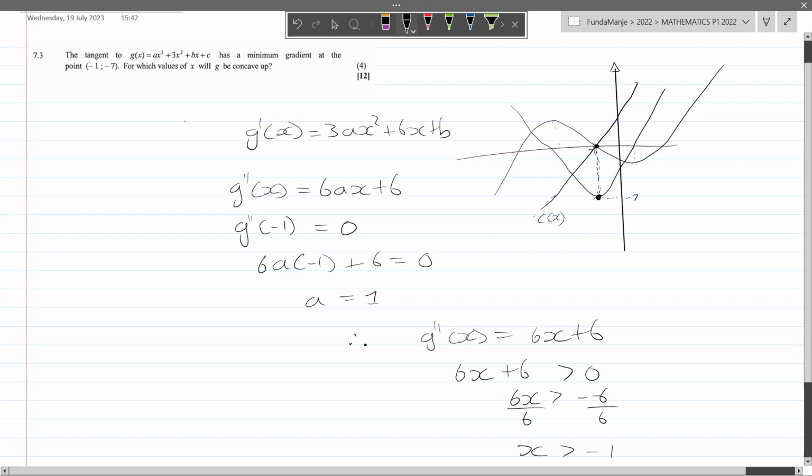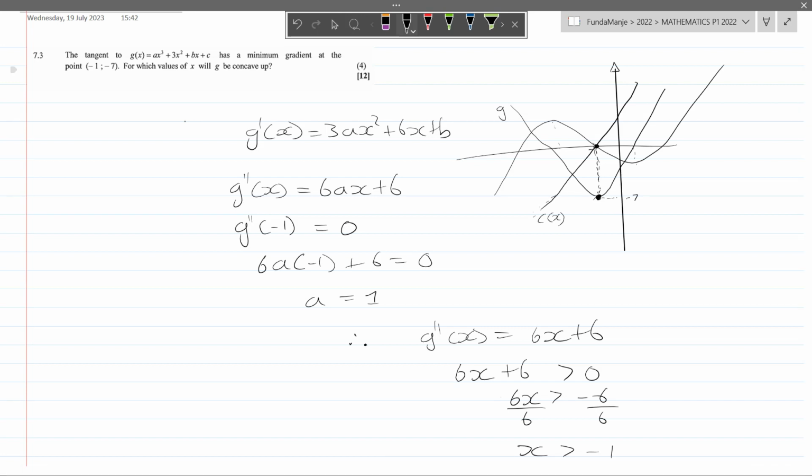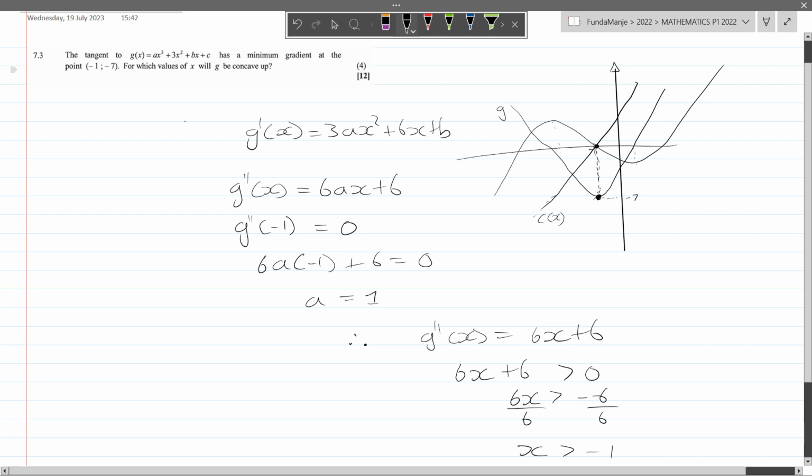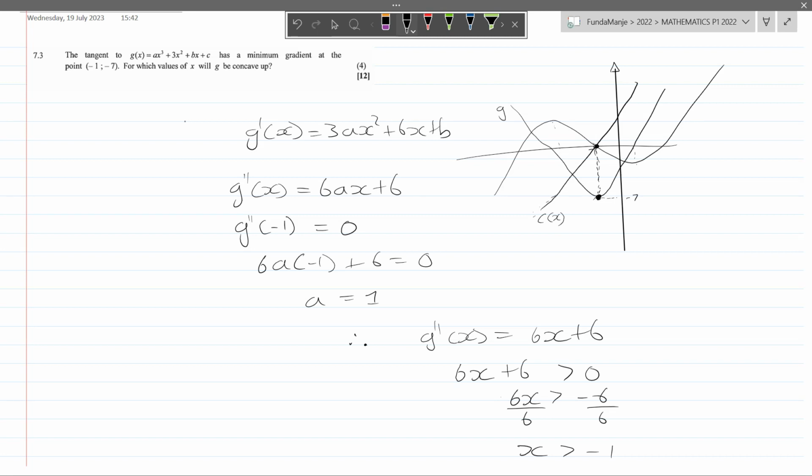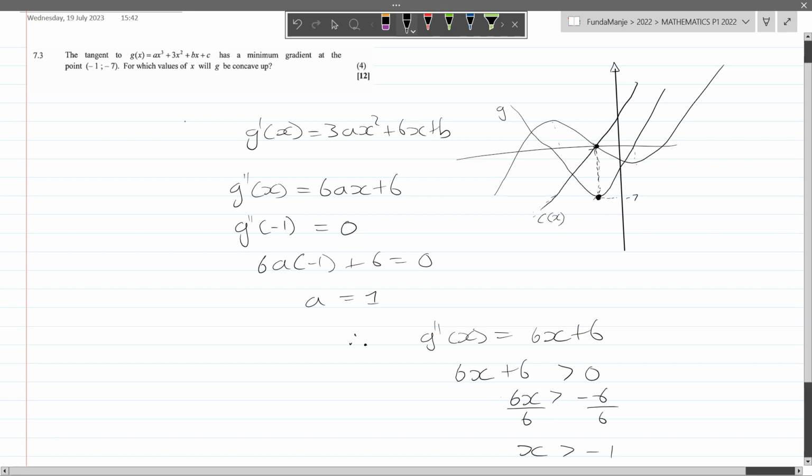Another way you can reason about it is, if you know that the minimum of the gradient occurs at -1, because remember this is the gradient, they're referring to it as the tangent, and they tell you that it is a minimum gradient at the point (-1; -7). So if you know it has a minimum, it means that x equals -1 is a point of inflection, and that's where concavity changes.